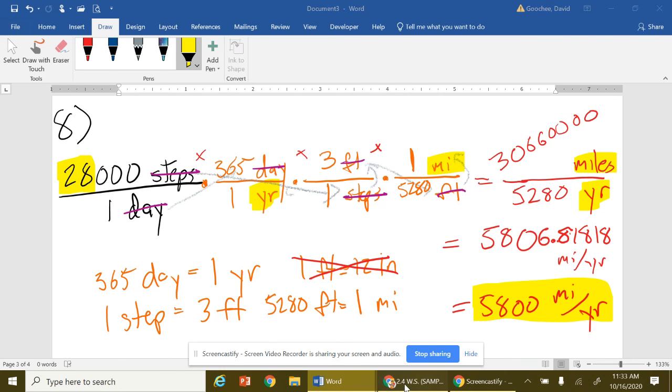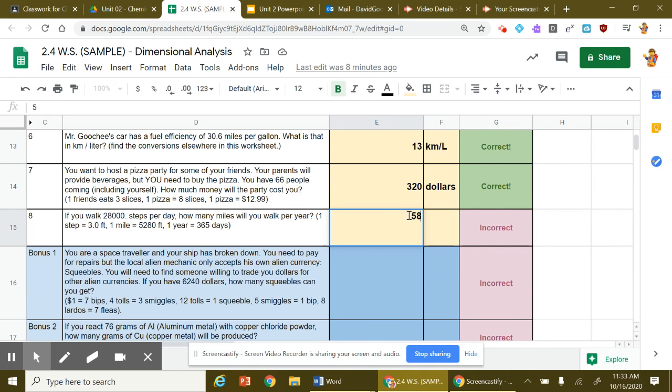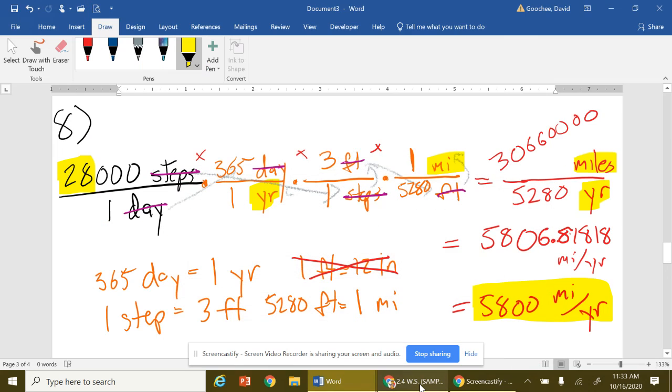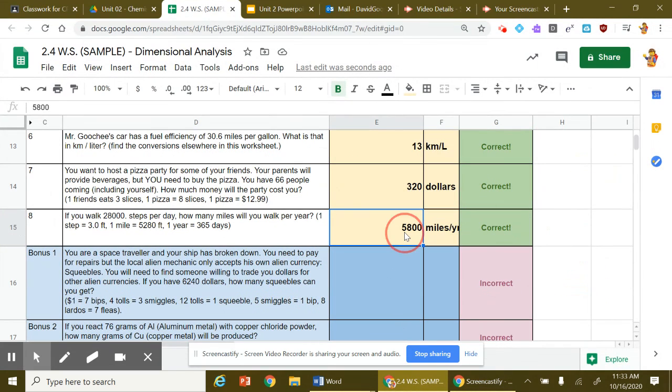Okay, so let me put this into my answer checker. Miles per year. That's crazy. Now, if you put in the right answer and it doesn't work out, maybe try with more decimals. Like if this one didn't work, maybe I just put in 5,807, and that would also work.